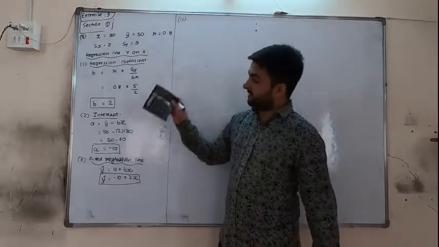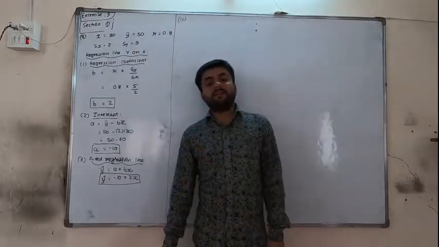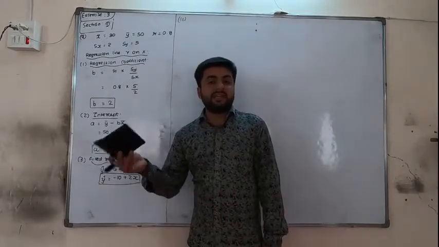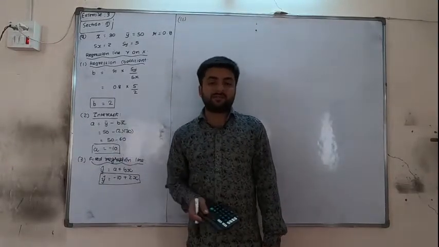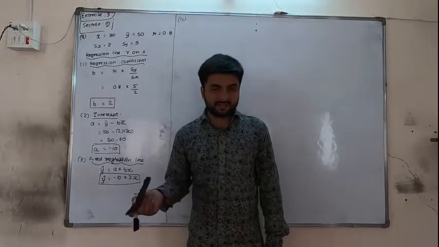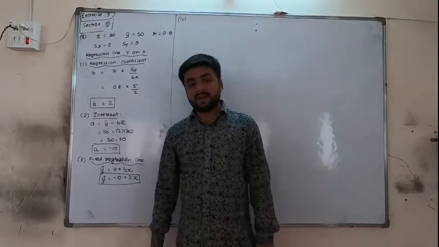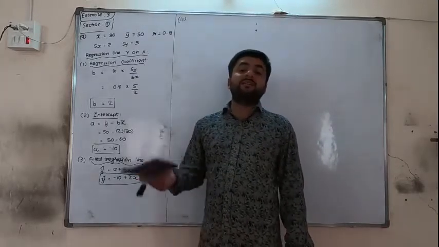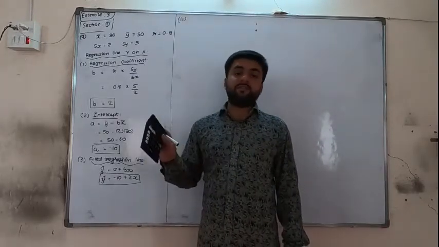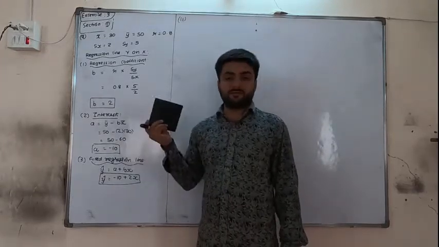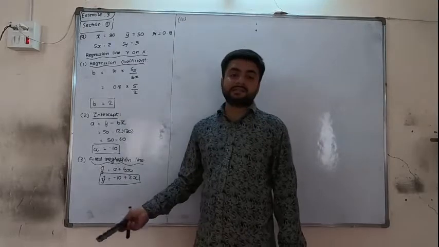In all three sums the steps are coming, but the important thing is that the formula of b is changing. In sum 8, sigma (x minus x bar)(y minus y bar) upon sigma (x minus x bar) square. In sum 9, b is equal to r into sy by sx. And now in this sum, the u, v values are given, so the uv formula is to be used without the scale transformation. Otherwise, the steps are the same.